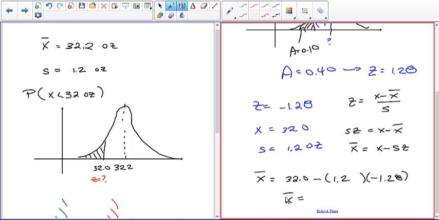So I get 32 minus 1.2 times negative 1.28, and I get 33.5 ounces. So instead of 32.2 ounces, I have to have a target of 33.5 ounces, so that with that target and this standard deviation, only 10% of the cartons filled will be below the advertised amount.